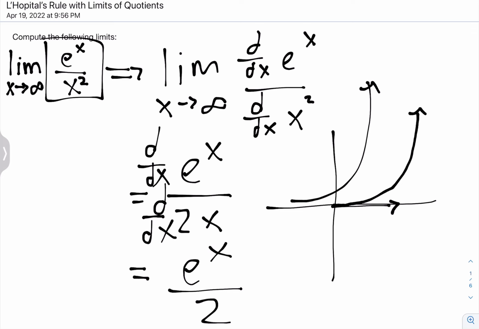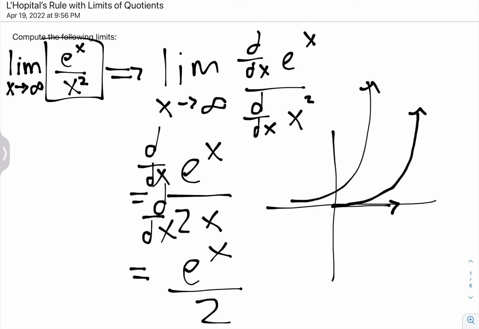What we can also do is think about this numerically. So let's say we plugged in some pretty big number for x. So let's say we took e to the power of 100. That's 2.7 times 10 to the 43. So 2.7 times 10 with 43 zeros.